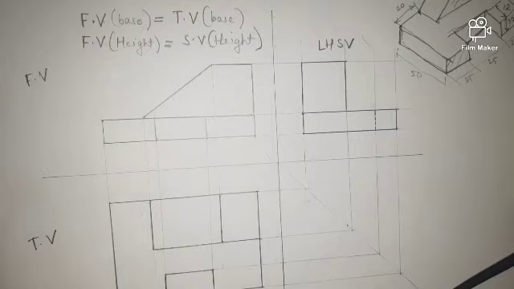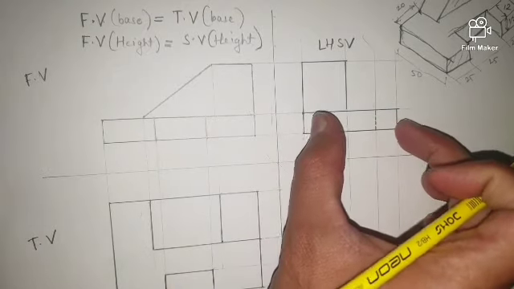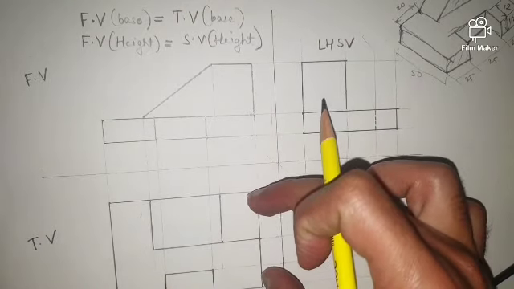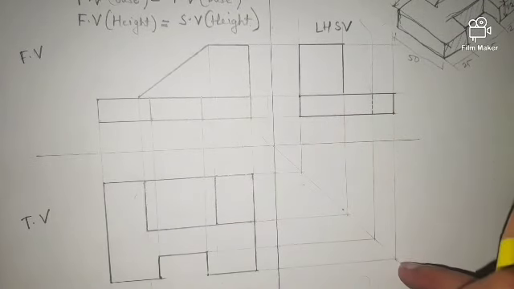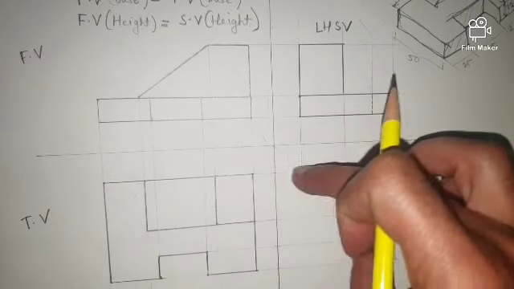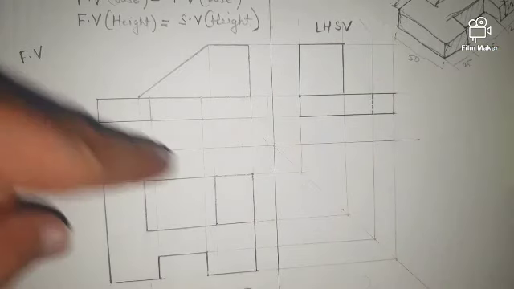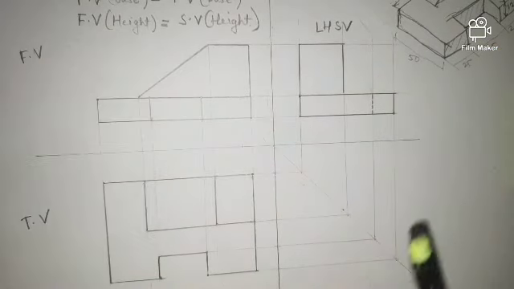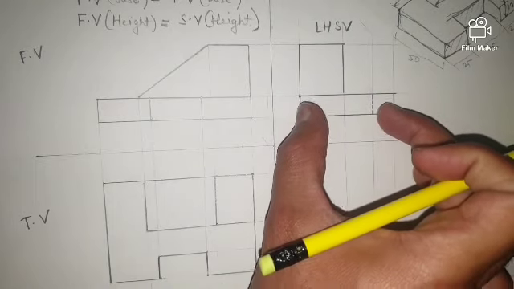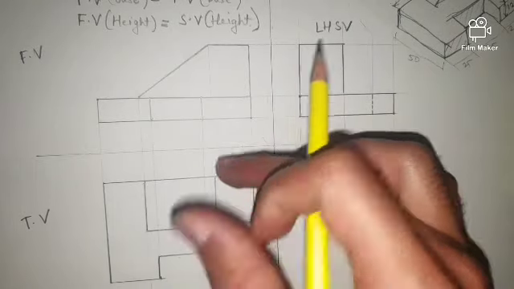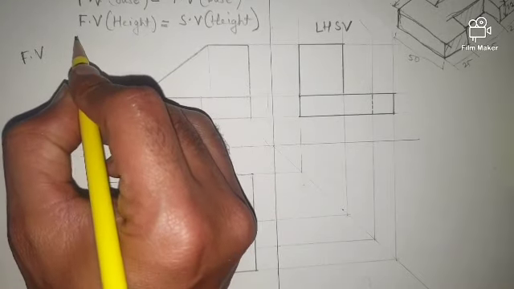And there's one more thing. The base of the side view is equal to the height in the top view. So the height was projected using this 45. The height was projected here, right? The height was projected here. So the base of the side view is equal to the height in the top view.